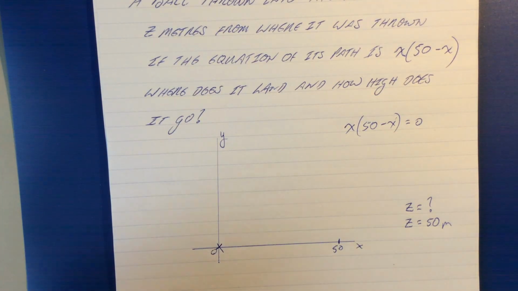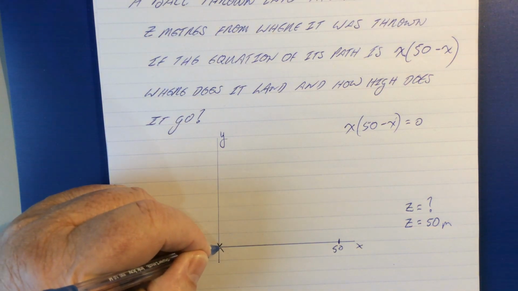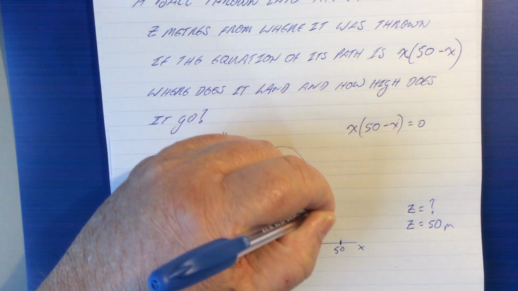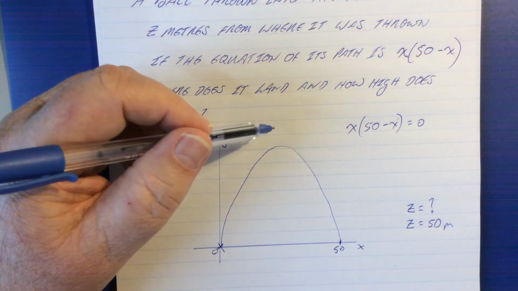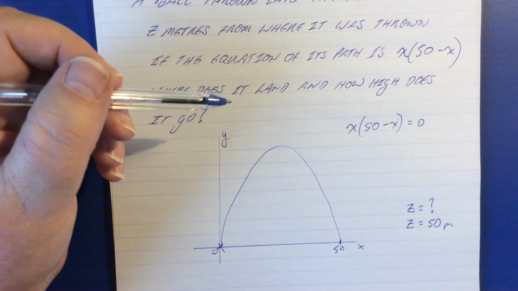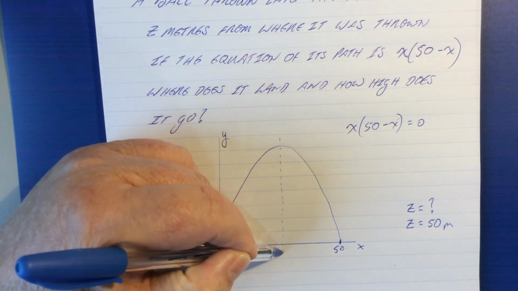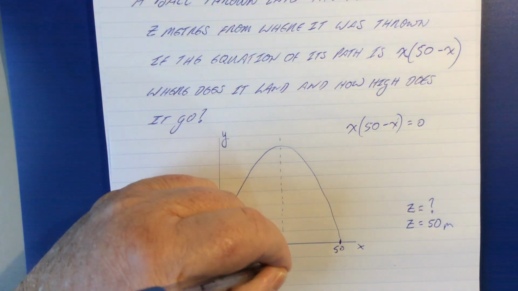Now, what does this graph look like? Well, it's an upside down parabola. So it looks roughly like that. Okay. Now, it's symmetrical, which means that its highest point is halfway between here and here at 25 meters.